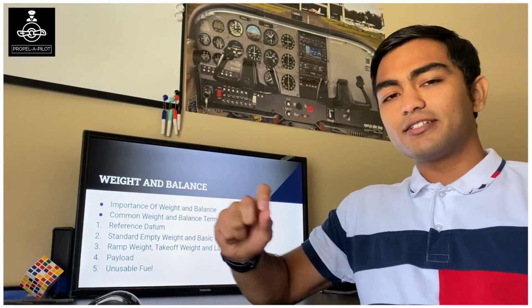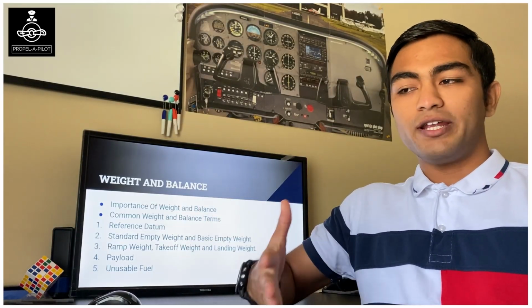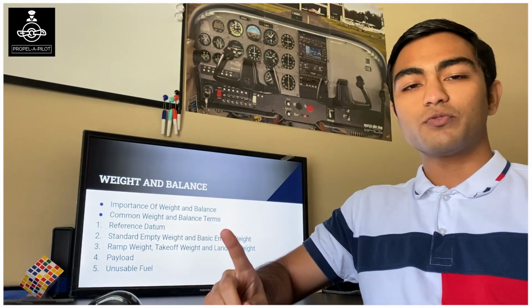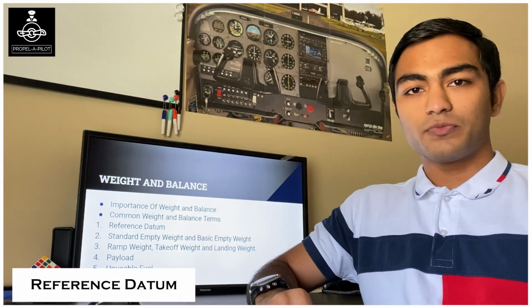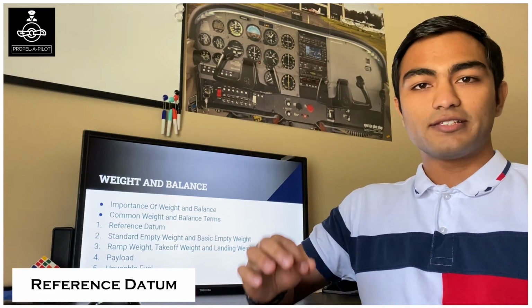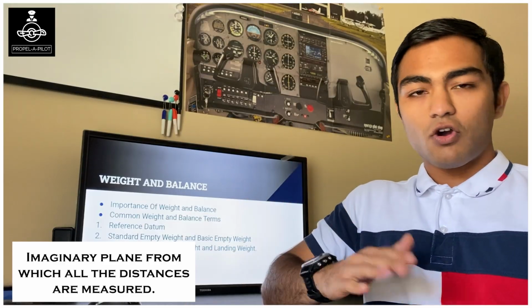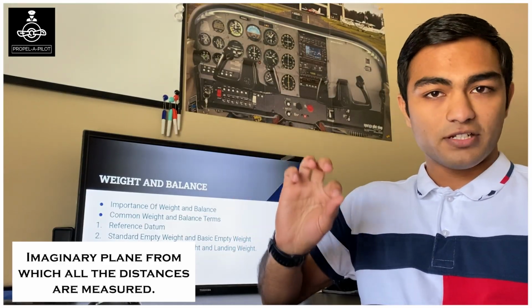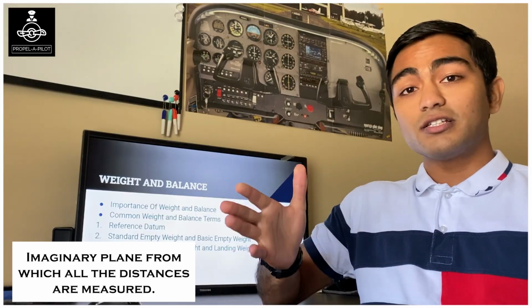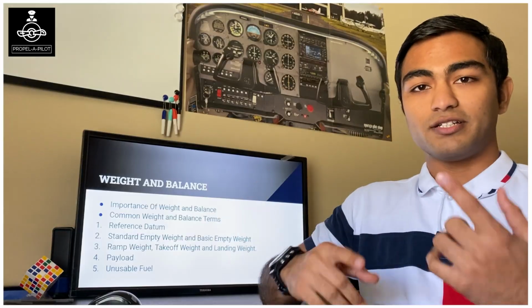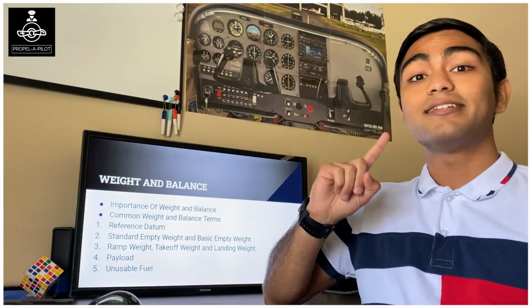Alright, let's discuss some of the important common weight and balance terms that we will come across. The first one is the reference datum. The reference datum is an imaginary vertical plane from which all the horizontal distances are measured. This is for balance purposes. This is the plane from where you measure the position of the loads and the CG.